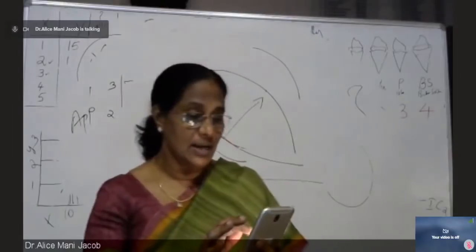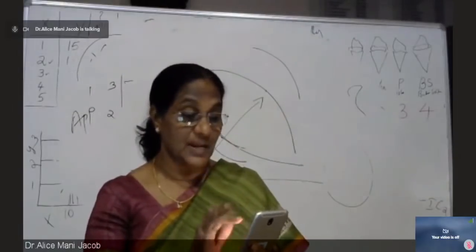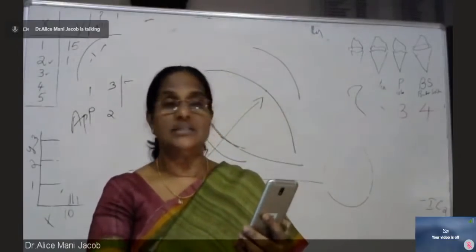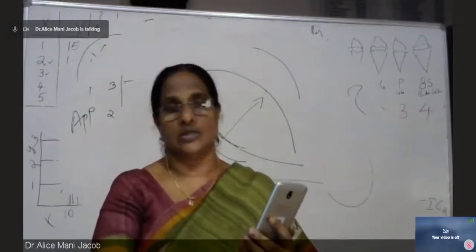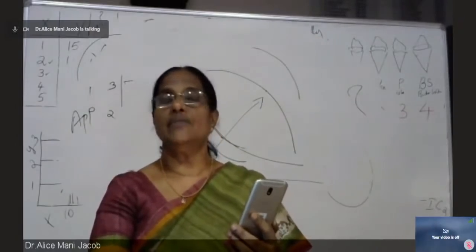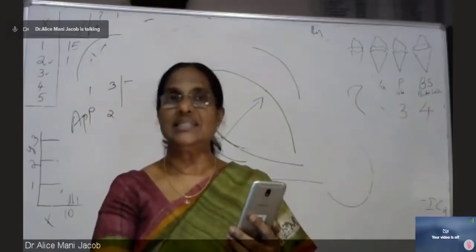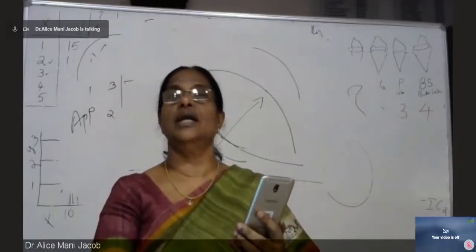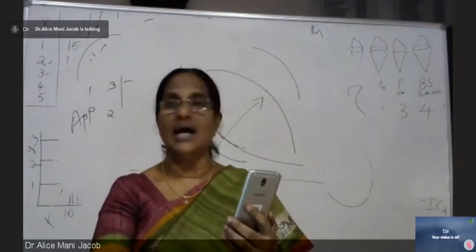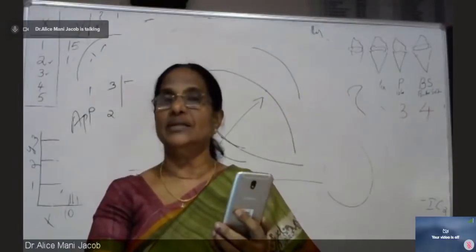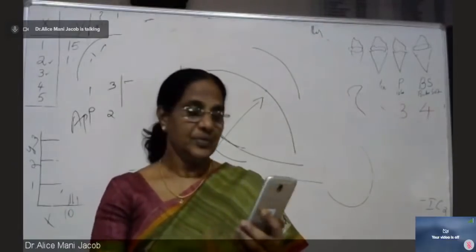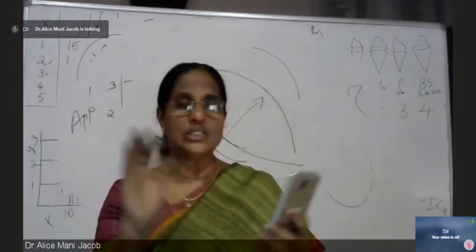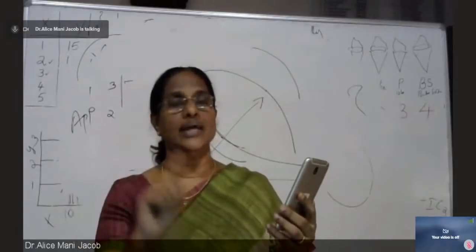Next question. Please explain budget line. Budget line shows that you have a budget. Budget is the money available in your pocket. The money that you can spend on something, that is your budget. And our consumer consumes only 2 things.